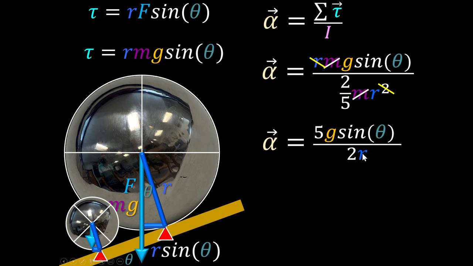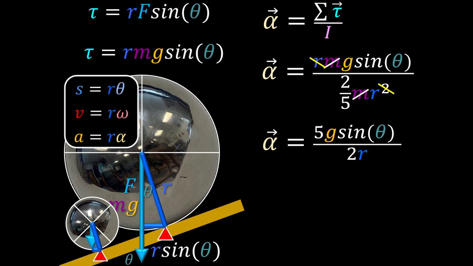But the radius is going to change how much it accelerates angularly. This ball here had the smaller radius, so a smaller radius in the denominator, it's going to have a larger angular acceleration. Okay, the number of radians per second.